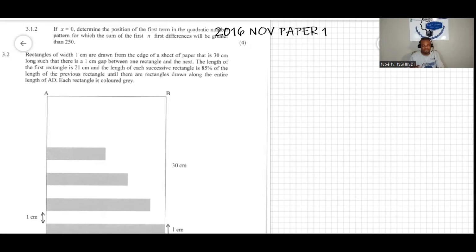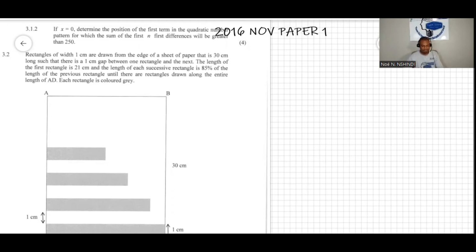The length of the first rectangle is 21 centimeters, and the length of each successive rectangle is 85% of the length of the previous rectangle, until there are rectangles drawn along the entire length of AD. Each rectangle is colored gray.